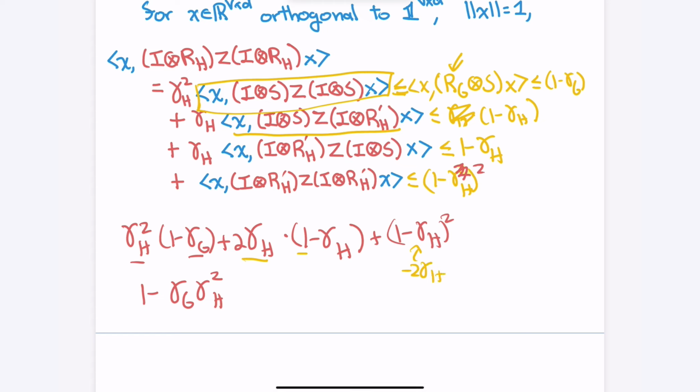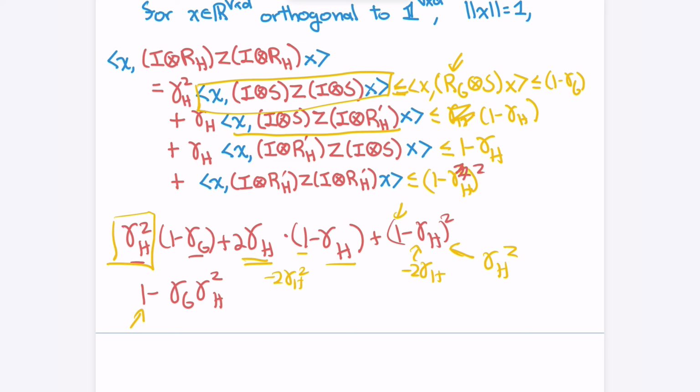And then you have this negative 2 gamma H squared, which will kill off the gamma H squared getting added up. Oh, no, the 2 gamma H's. So here's another gamma H squared.